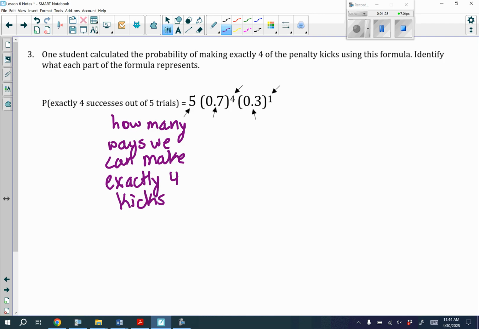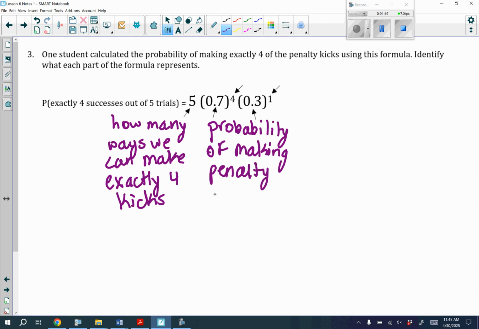So remember, 4 penalty kicks means that was a success, okay? Now, 0.7, remember that's what they talked to us about at the very beginning. This is actually our probability of making a penalty kick. So that one, hopefully we knew what that represents.